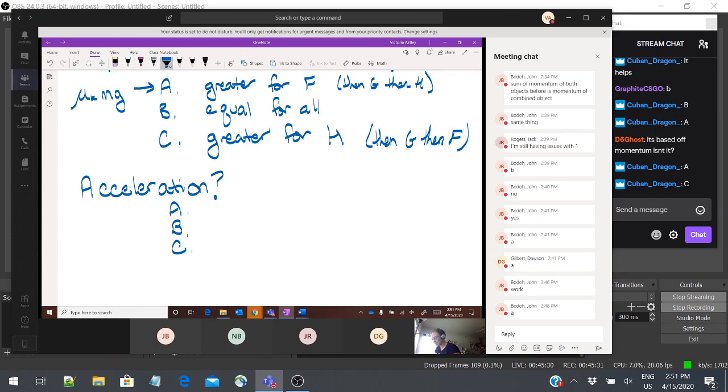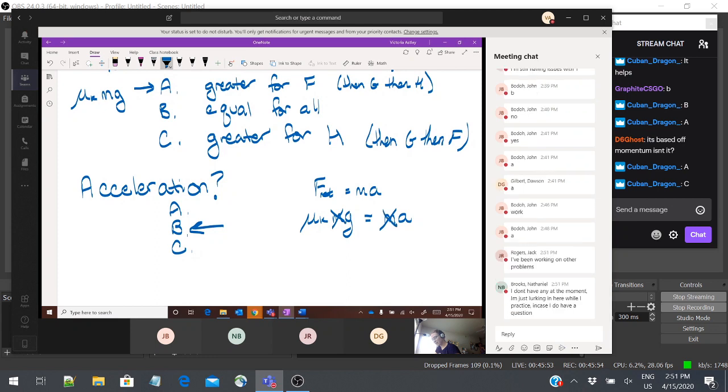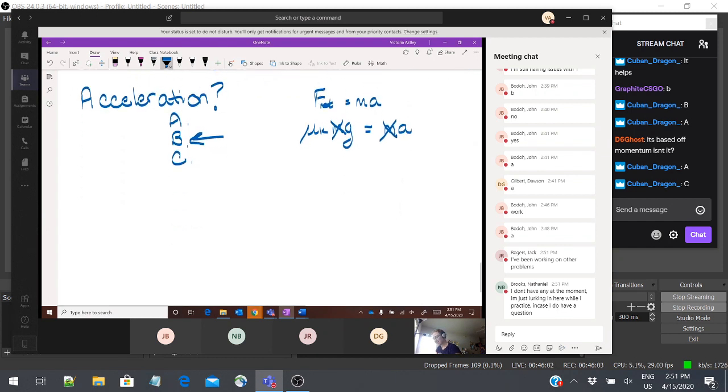So for this one, the correct answer is B, because F net equals ma. The only force we have is friction. The m's are going to cancel. Okay, no worries. I just wanted to make sure that you weren't impatiently waiting. Sounds good. Okay, so they have the same acceleration.